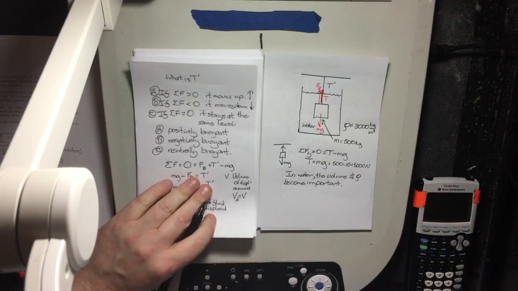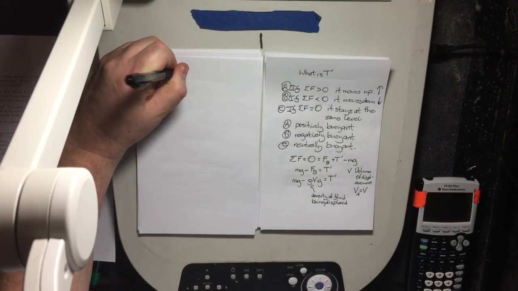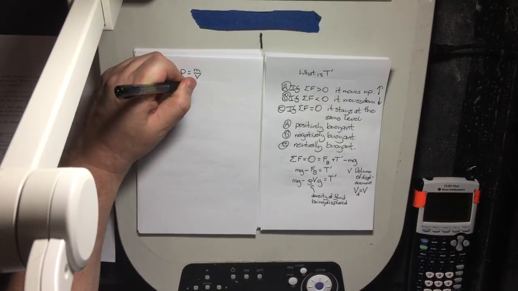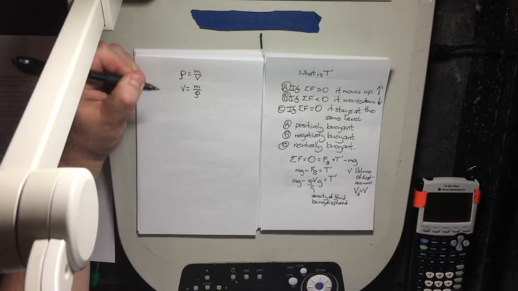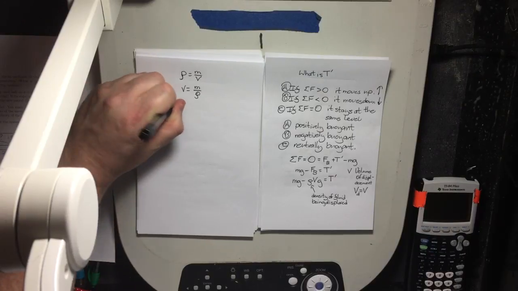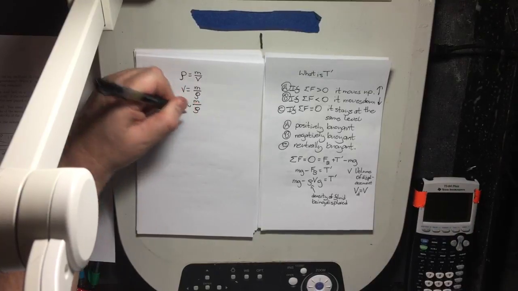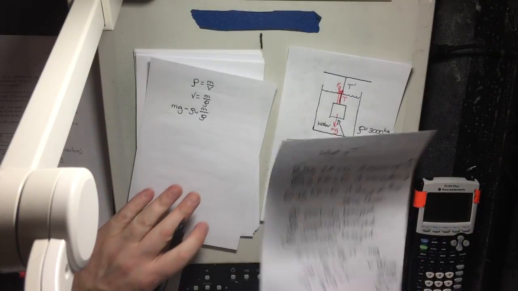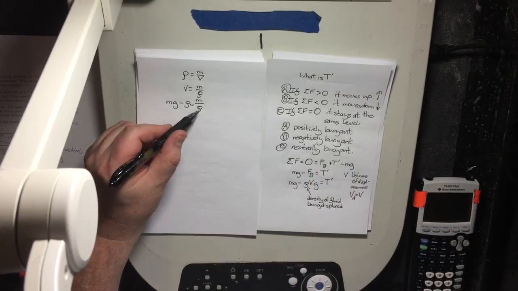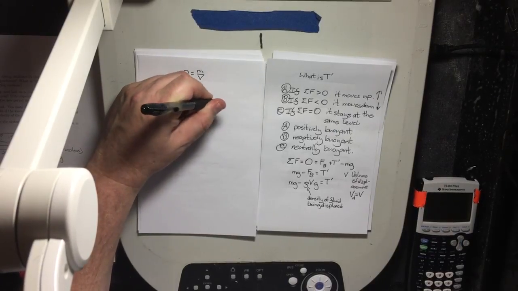However, density is mass over volume, so volume is mass over density. So this equation here: mg minus rho water, mass over rho of whatever material this is, and notice how I'm distinguishing this from that by putting a little w there, times g is equal to T prime.